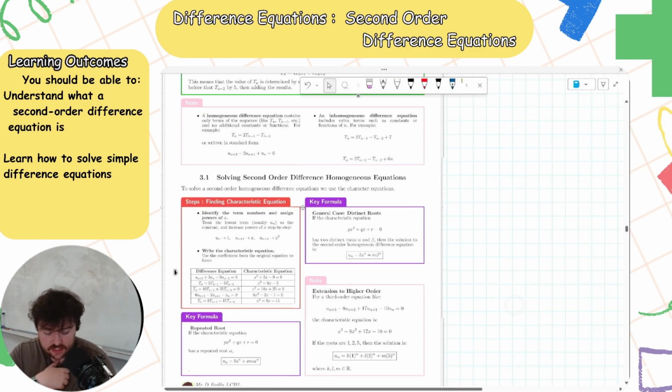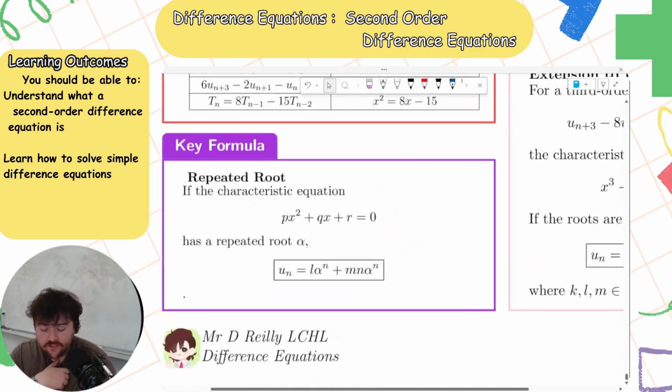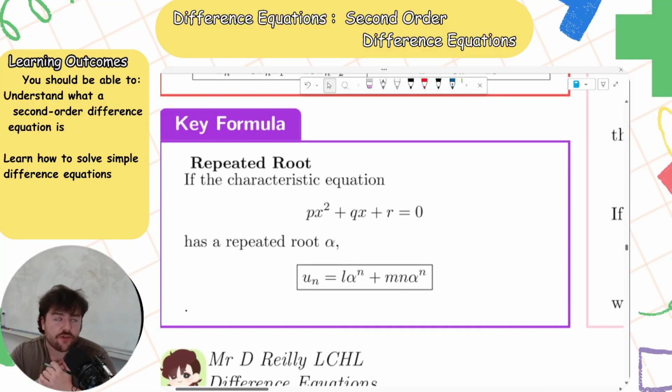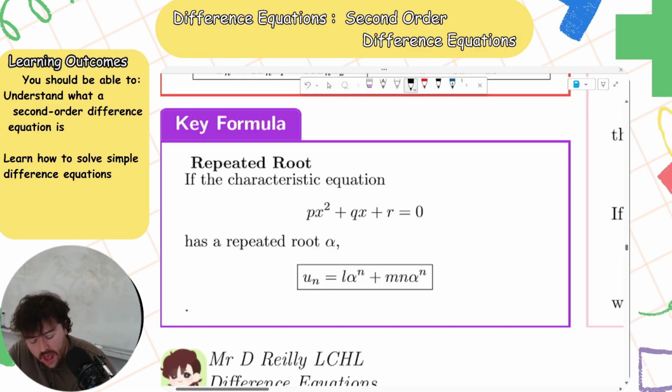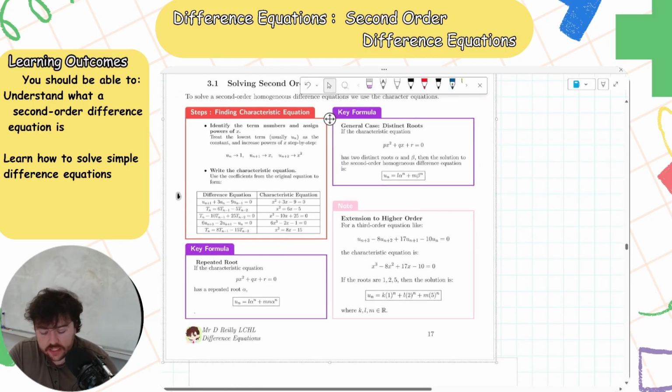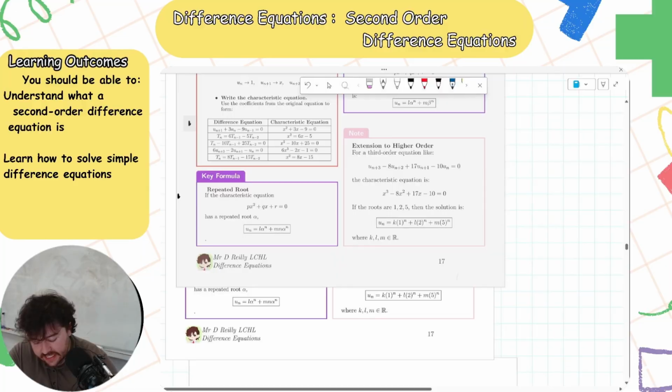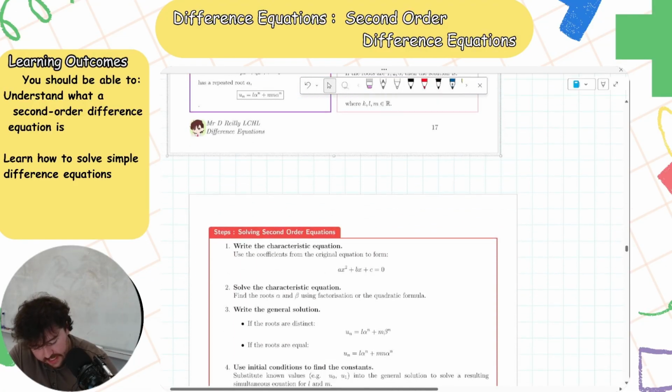And if it's not distinct roots, if it's a repeated root, then my general solution looks like Un equals L times the root to the power of n plus M times n times the root to the power of n. Right? So let's have a look at solving one of these now.